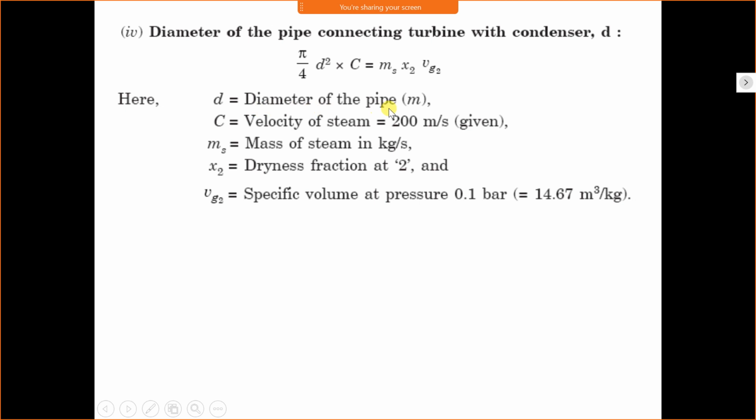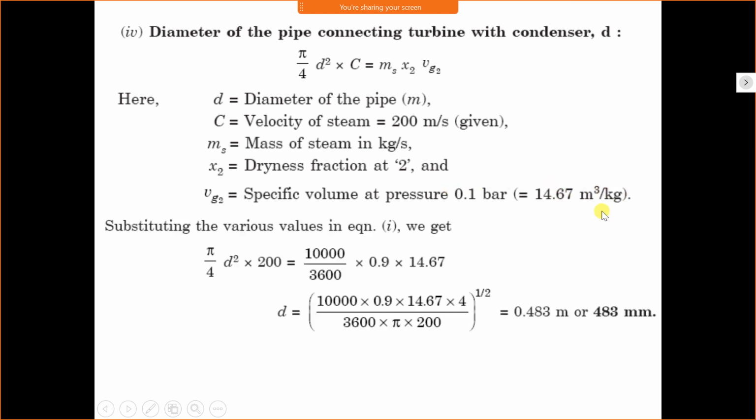D is the diameter of pipe in meter, C is the velocity of steam, that is 200 meter per second, it is given. Ms is the mass of steam in kg per second, x2 is the dryness fraction at 2, then Vg2 is the specific volume at 0.1 bar, that is 14.67 meter cube per kg. This value is taken from the steam table.